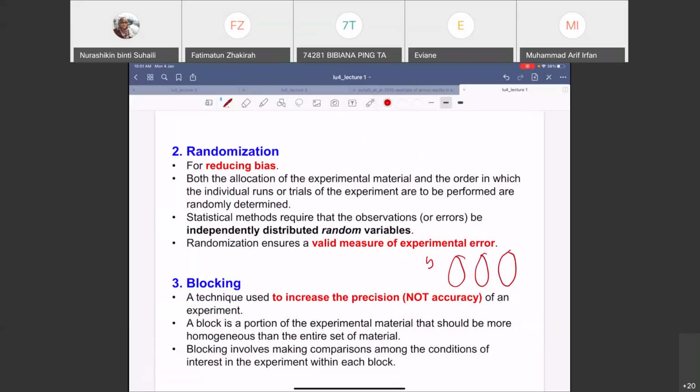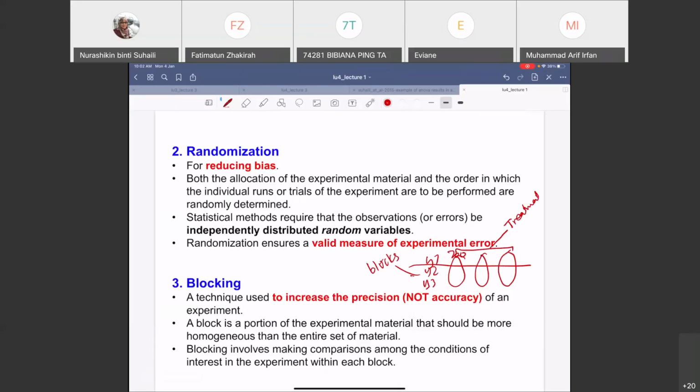Okay, year 1, year 2, year 3. So these are blocks, right? These are blocks. And this one is, let's say, program. This is treatment. The whole thing here is treatment. So your comparison is not just between the treatments, but also between the blocks. Let's say we are talking about the zoology program.